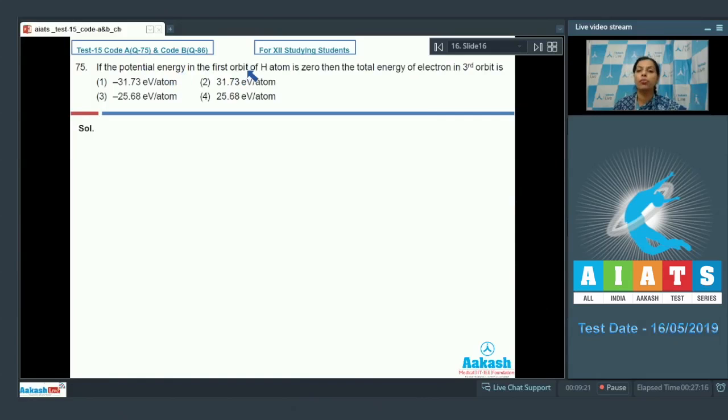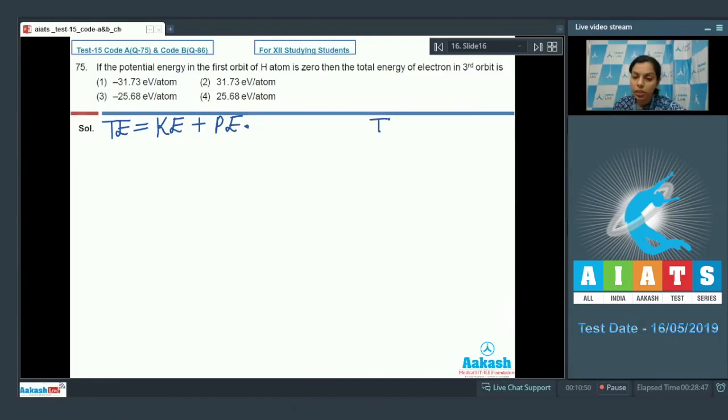If the potential energy of the first orbit of hydrogen atom is 0, then the total energy of the electron in the third orbit is. First of all, I just want to consider here the general case, when the actual potential energy we are considering. So the total energy for a particular orbit, if you want to find out, that is the sum of the kinetic energy and the potential energy.